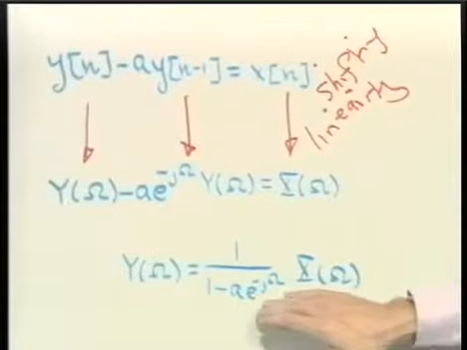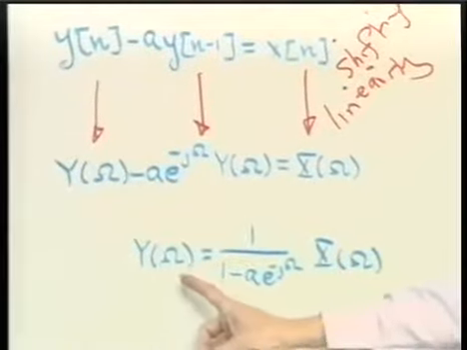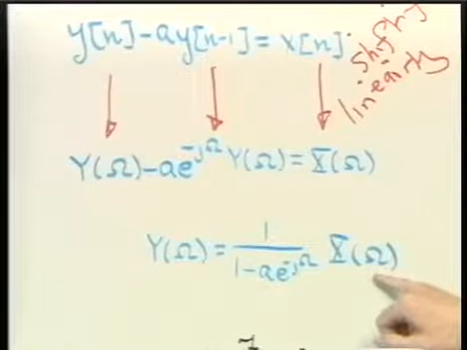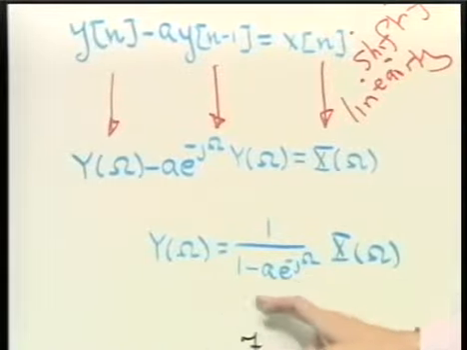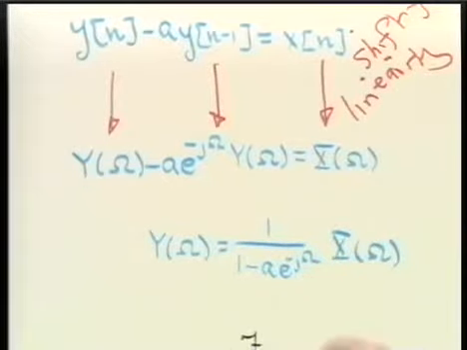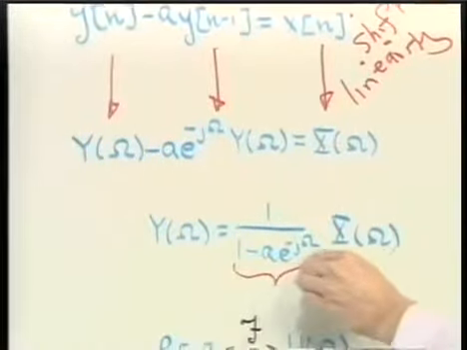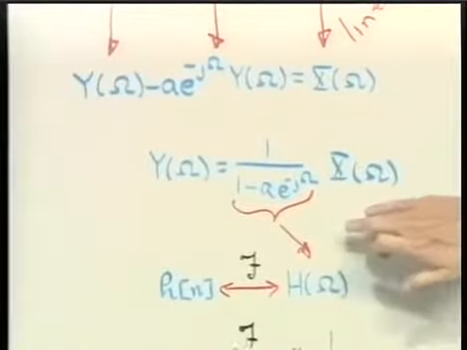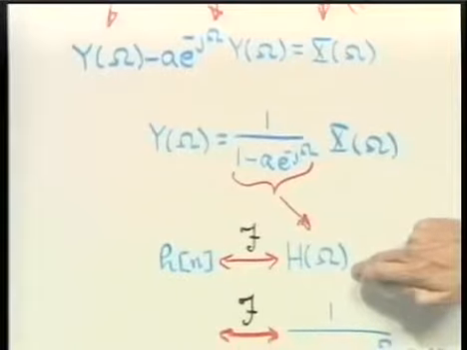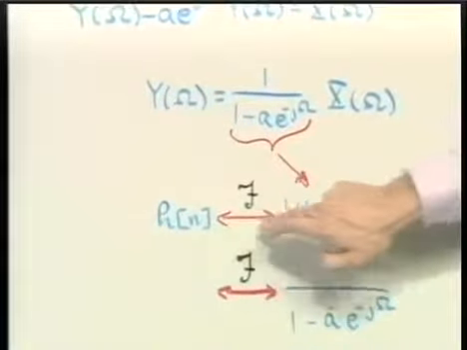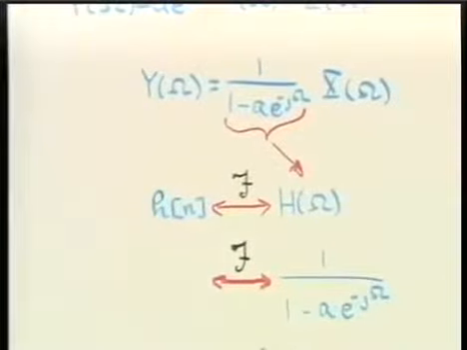At this point, we can recognize that the Fourier transform of the output is the product of the Fourier transform of the input and some complex function. From the convolution property, that complex function must in fact correspond to the frequency response, or equivalently the Fourier transform of the impulse response.